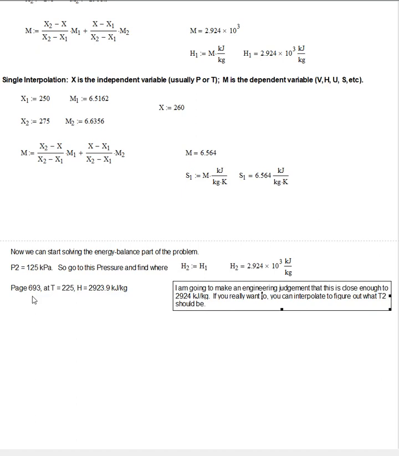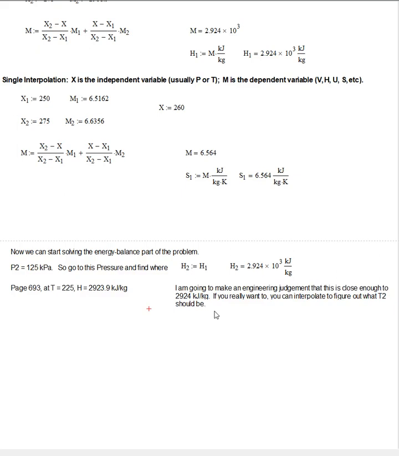We go to page 693, and we see that at a pressure of 125 kilopascals and a temperature of 225 degrees C, our enthalpy is 2923.9 kilojoules per kilogram. And remember, our goal was to find where the enthalpy was 2924 kilojoules per kilogram.